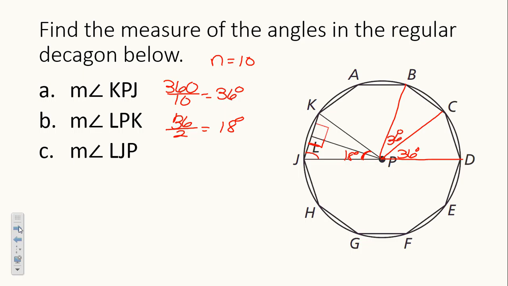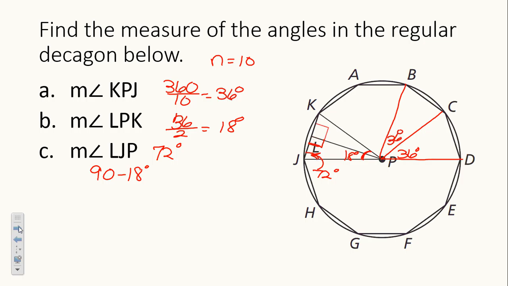So how do we find that angle? 90 minus 18 is, not 62, but 72. So this angle is going to be 72 degrees. Because we have a right triangle here, 90 degrees is already taken up, and 90 minus that 18 degrees, that half central angle, is going to get us our other angle. Okay? So far, so good? Which part? We're good? Okay.